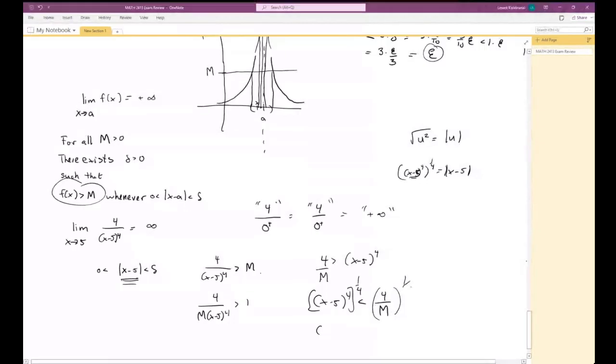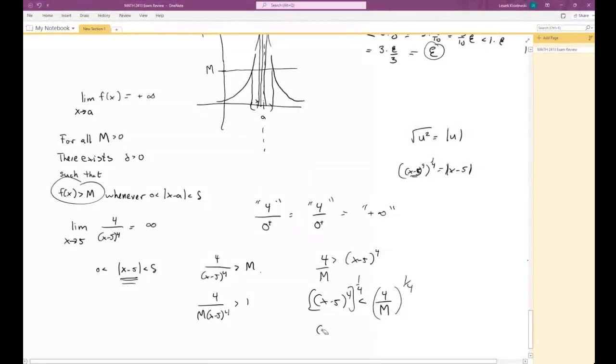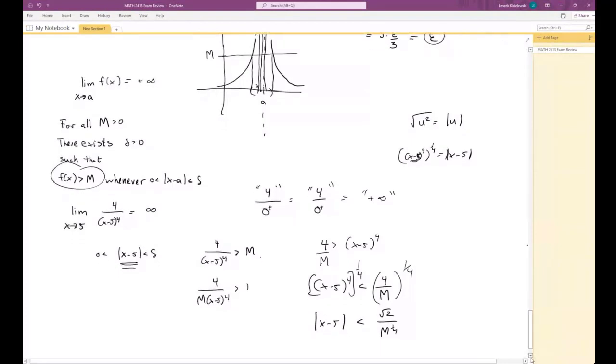We have to make sure that we know that on the left we get the absolute value of x minus 5. And on the right, that would be the fourth root of 2 divided by m. But anyway, now we know how to define delta. Right?